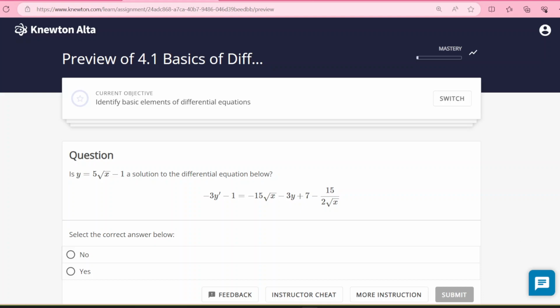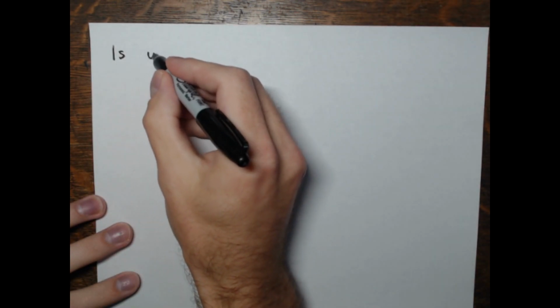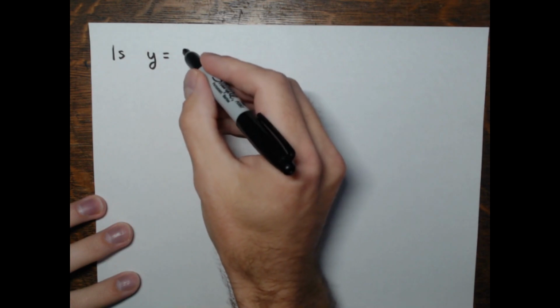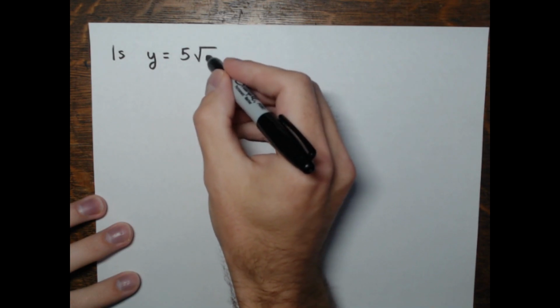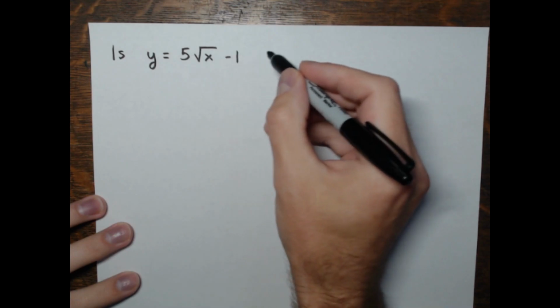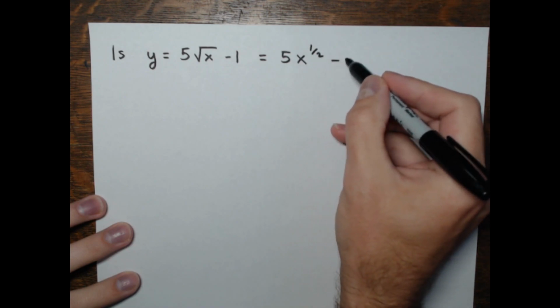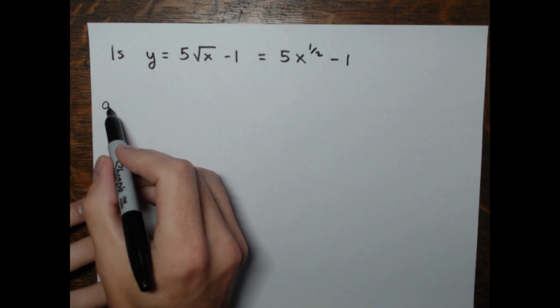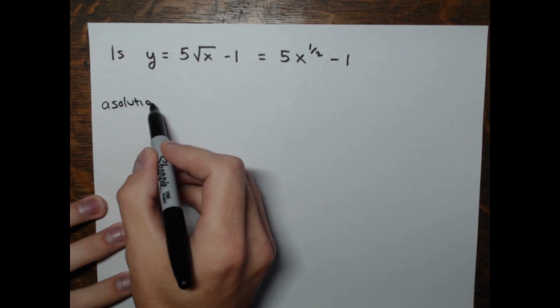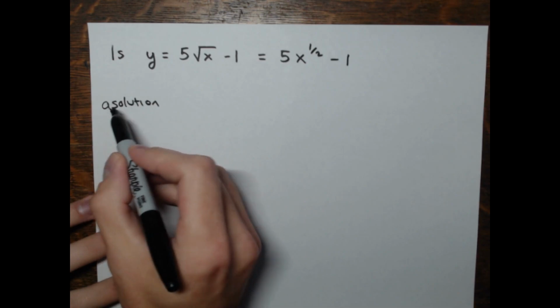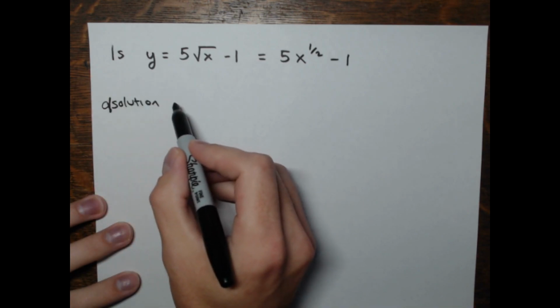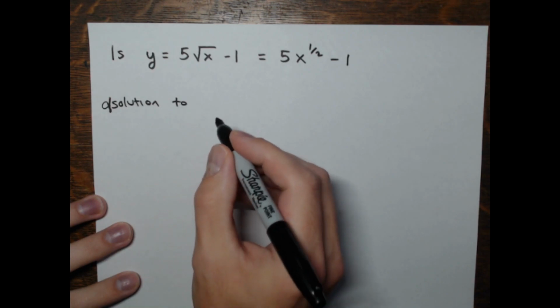All right, so I'll write out what they have. So they're asking, is the following function, y is some function of x, y equals 5 times the square root of x minus 1, which I could think of as 5 times x to the 1/2 power minus 1, same thing. Is it a solution, sorry, this should be two separate words, a solution to the differential equation.